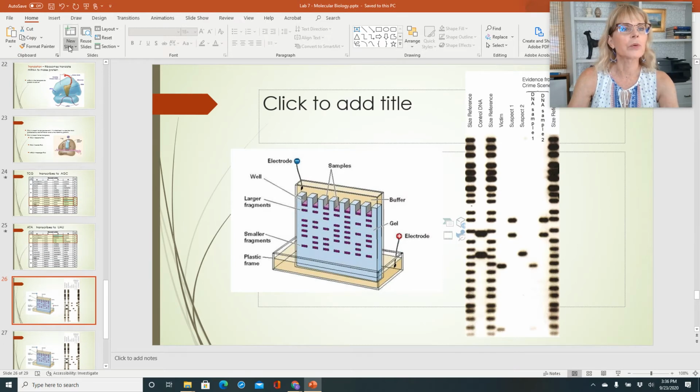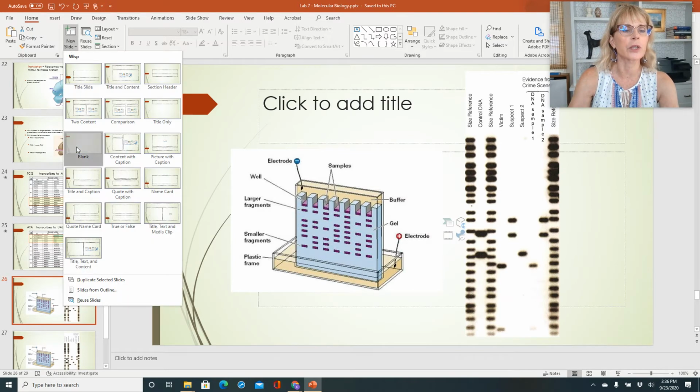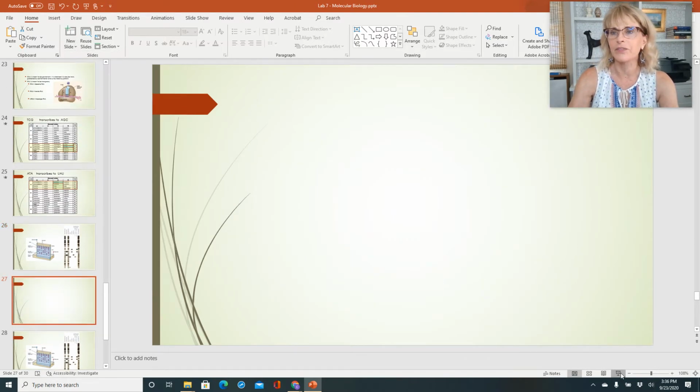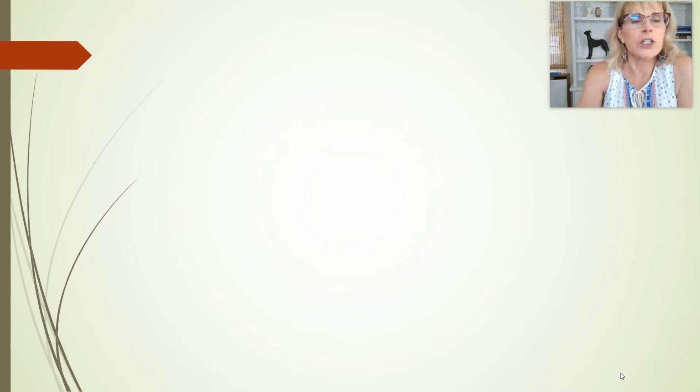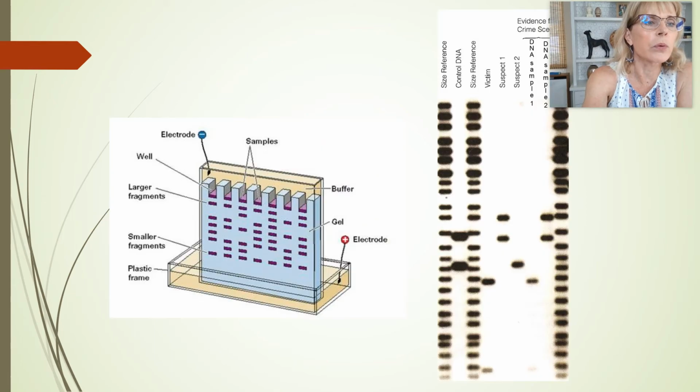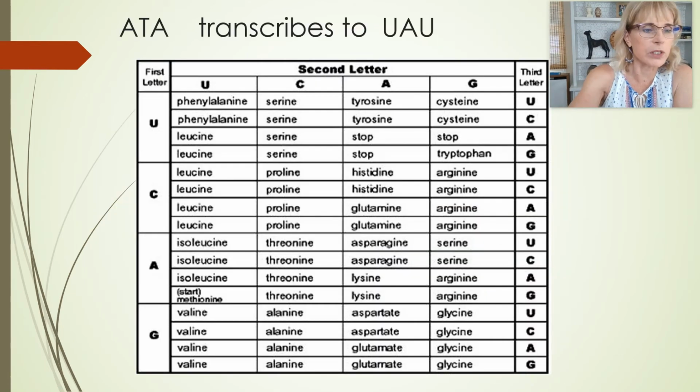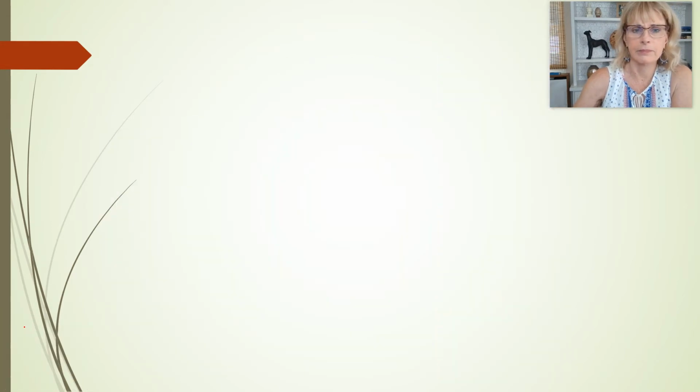I am going to slip in a new slide so we can talk about some mutations. There are 2 kinds of mutations. There is a point mutation, and there is a frame shift mutation.